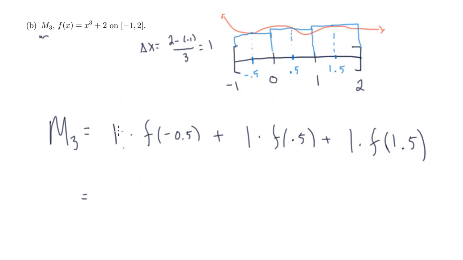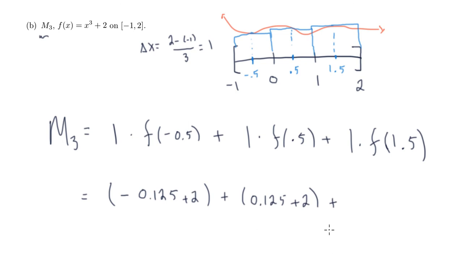Well, this is going to be, okay, so what is -0.5 cubed? That's going to be negative. 5 cubed is 125, and then we just keep the decimal point there, okay? And then plus 2, so that's the area of the first, and then the area of the second. All right, now this is 0.5 cubed, so that's 0.125 plus 2.